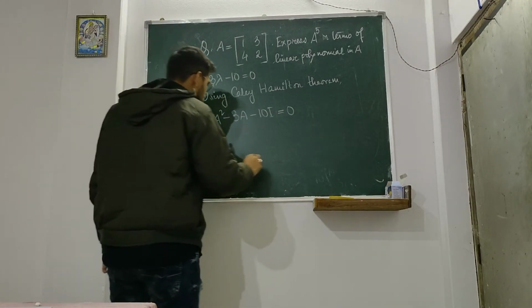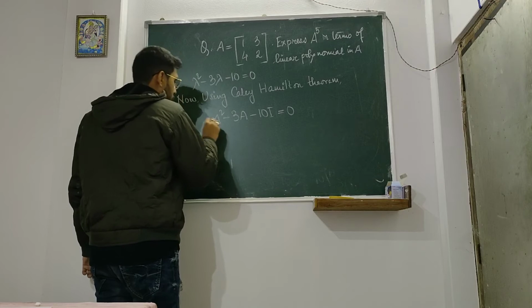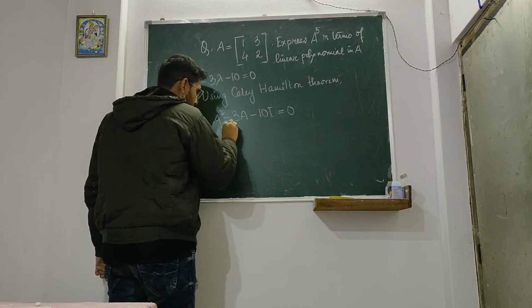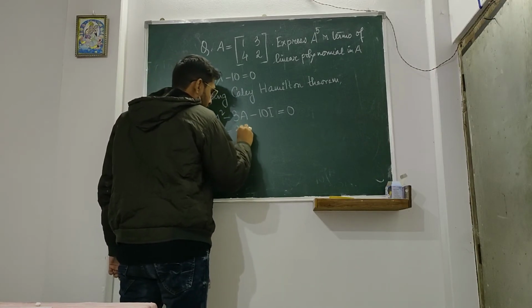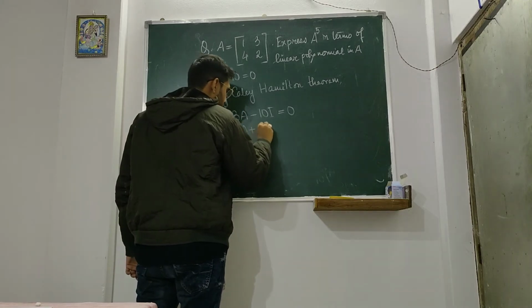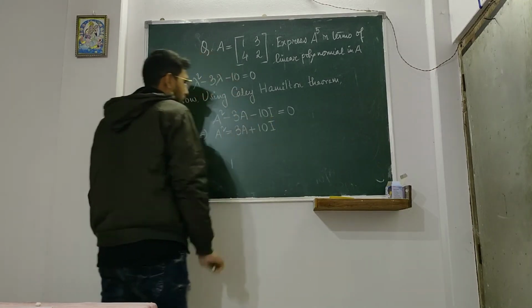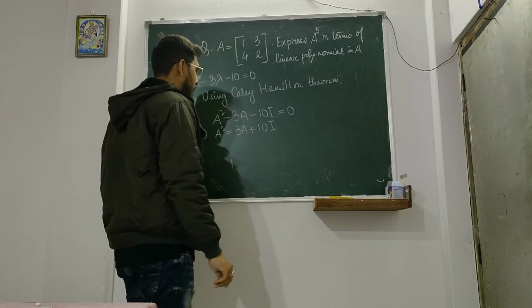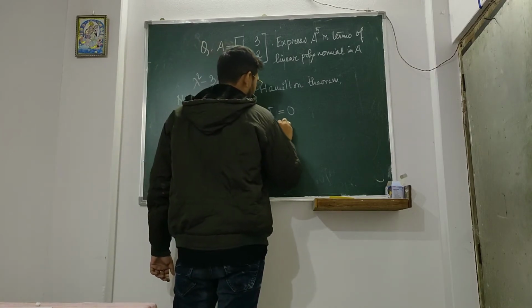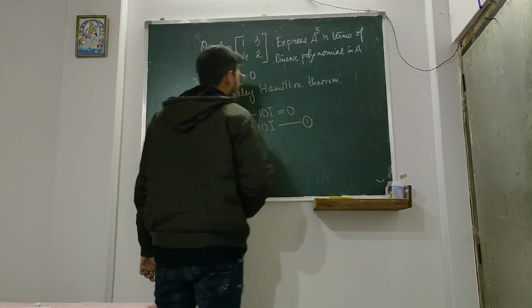Okay. Now again we can say A square equals to 3A plus 10I. This is equation number 1.